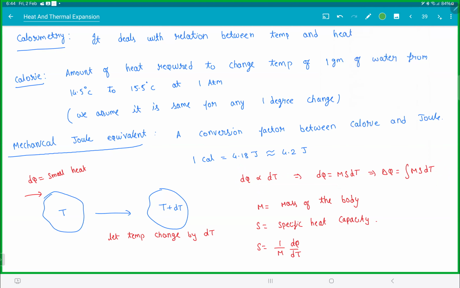So you can put down this formula if you want. This is your first formula in calorimetry: dq is equal to ms dt, or delta q is integral ms dt.